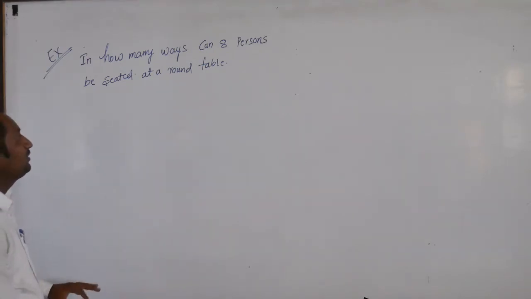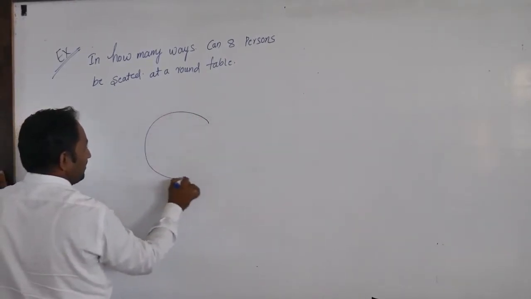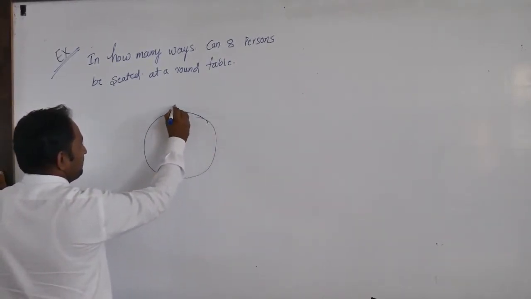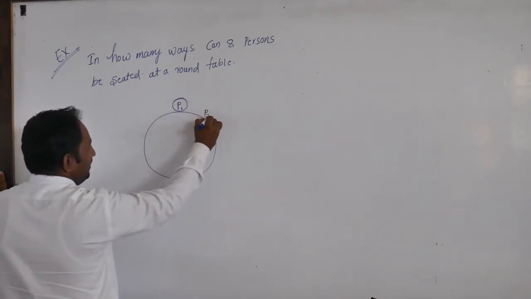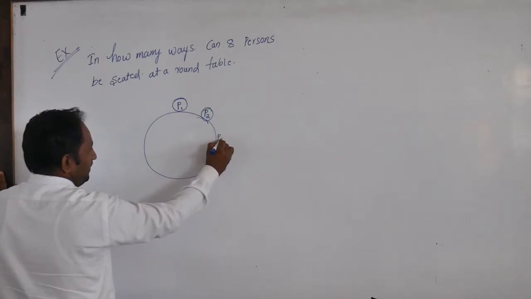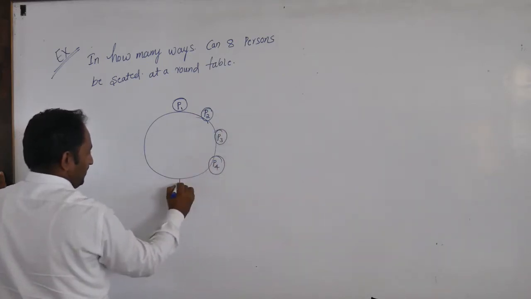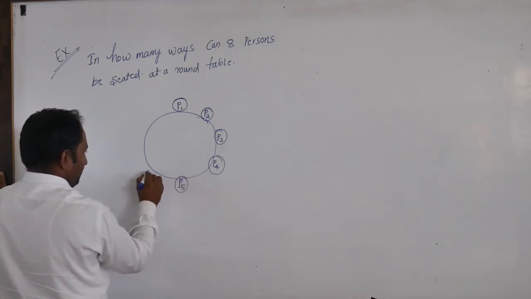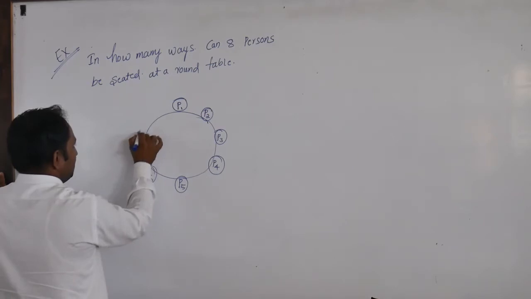Let's consider one round table, with persons P1, P2, P3, P4, P5, P6, P7, P8.